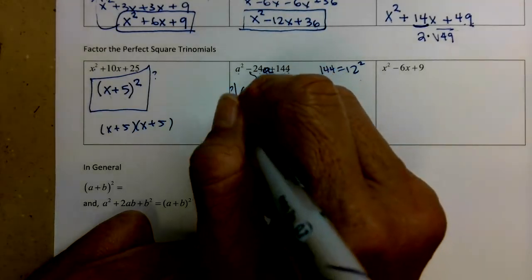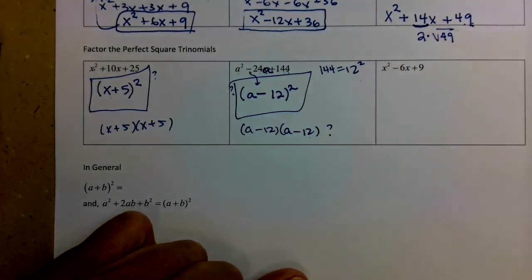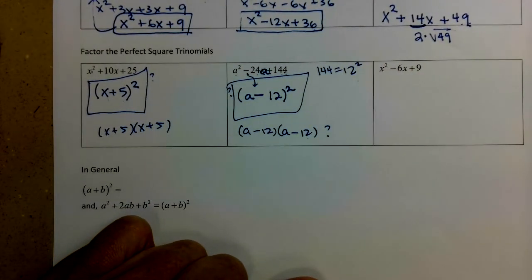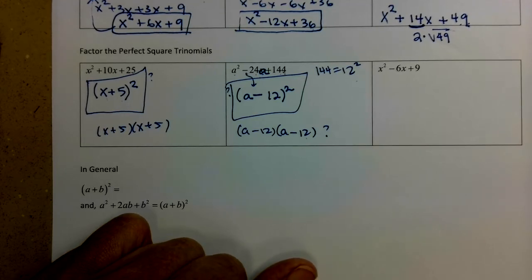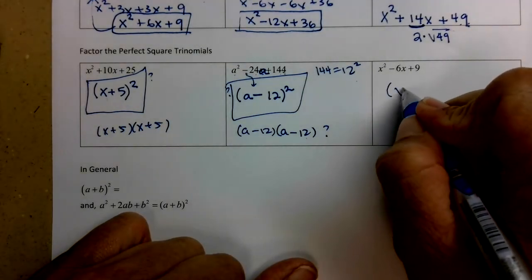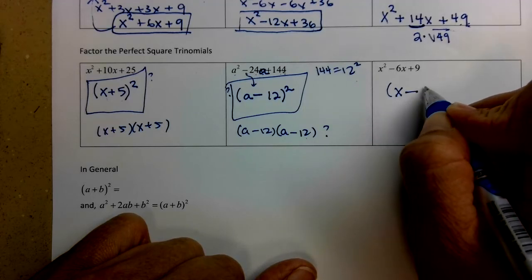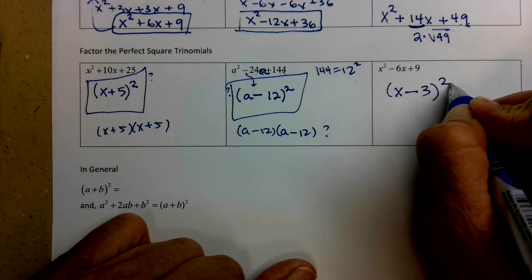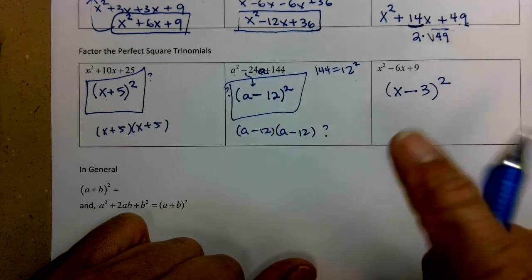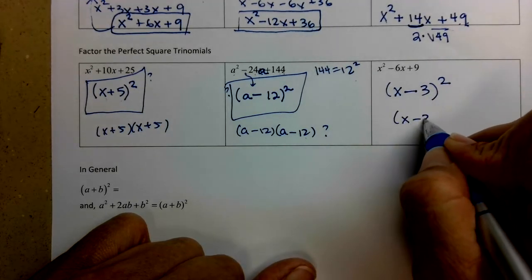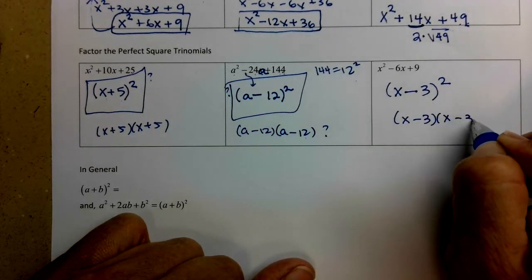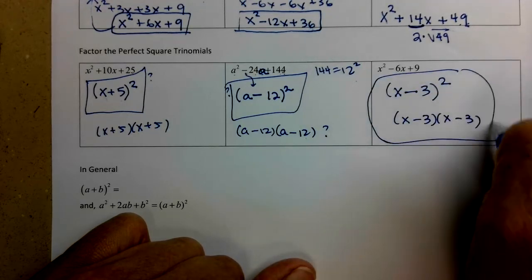Yep, that'll work. Okay, last one. I bet you can write that one down. So x minus 3 squared. So you have to have a little squared there, or you can absolutely write it, right? This is also factored form. Either one of those forms is totally fine.